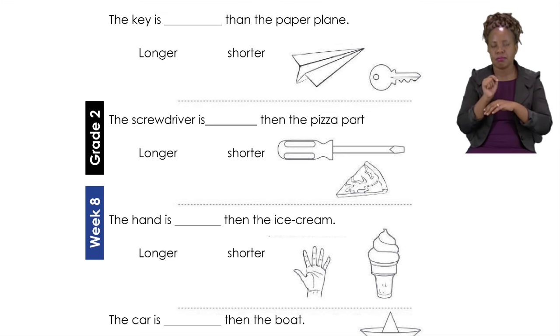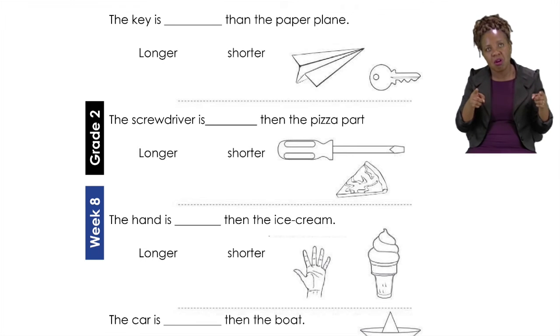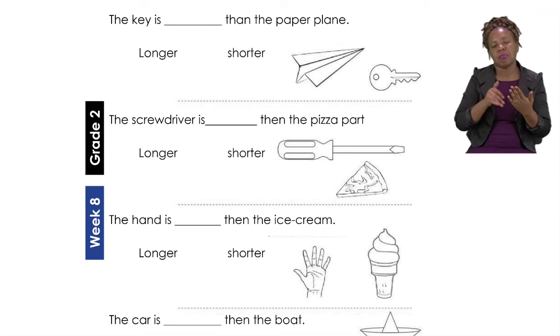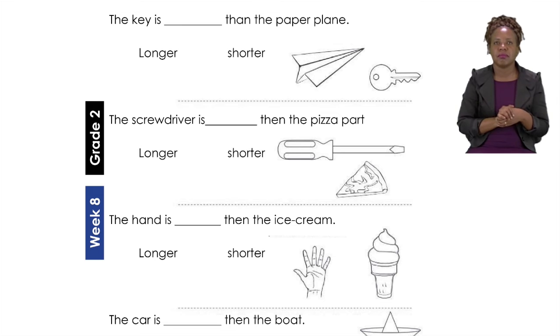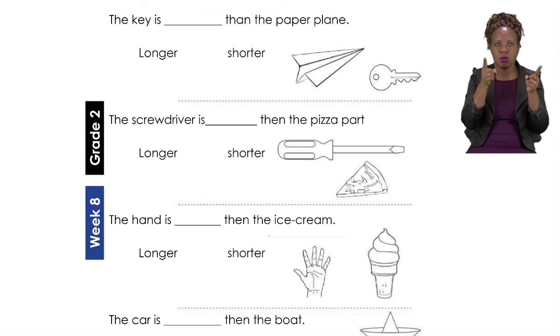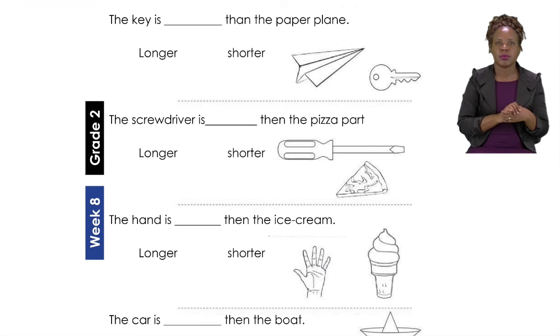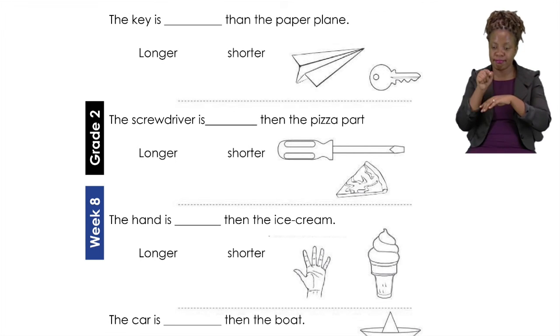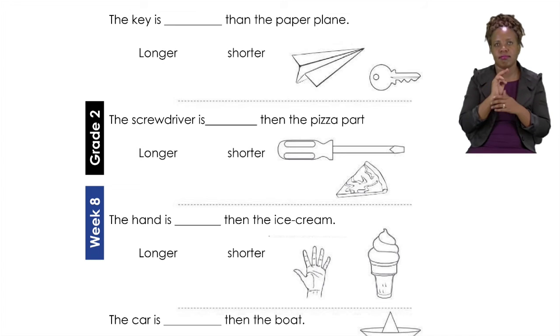Let's read the sentence again. The key is dash, then the paper plane. So that means you are going to be looking at the key and deciding whether or not it is longer or shorter than the paper plane.